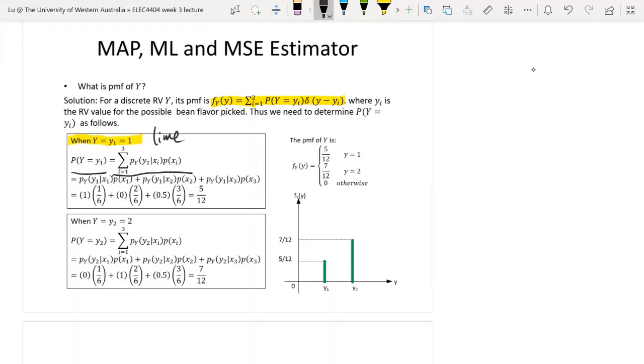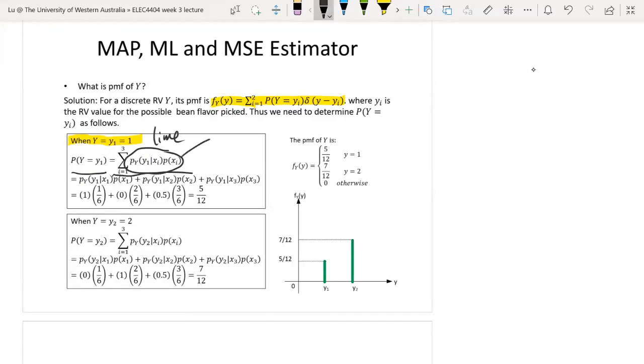In this summation, we use the Y1 as our interest, and Xi will be used as a condition. Actually, this calculation is just using the conditional probability multiplied by the probability of the condition.